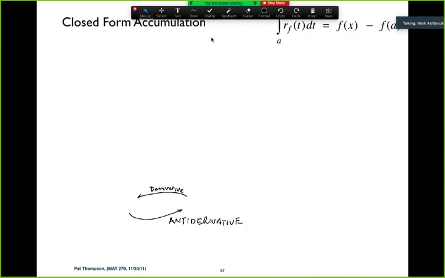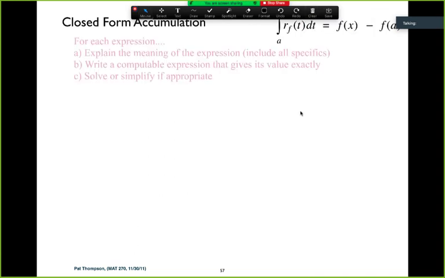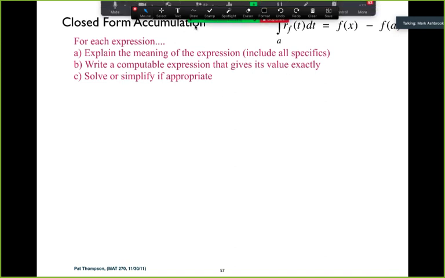All right, so let's practice here, just some easy ones. I'm going to give you some expressions, and for each of these, we're going to explain the meaning of the expression, including all the details, all the specifics. Then we're going to write a computable expression that gives the value exactly. What am I talking about there in part B?